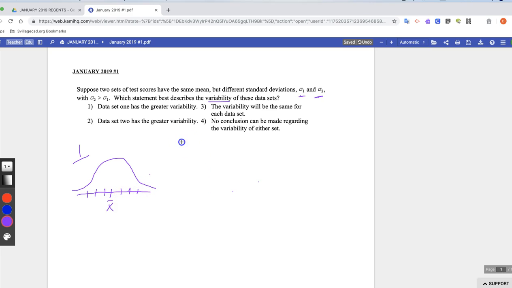Now we're told that the standard deviation for the data set in 2 is larger than the standard deviation in the test scores in group 1. So to represent that, and the idea that the standard deviation should be larger in the test scores for group 2, I'll draw a bell curve, but you'll notice that I have to draw it a little bit wider.